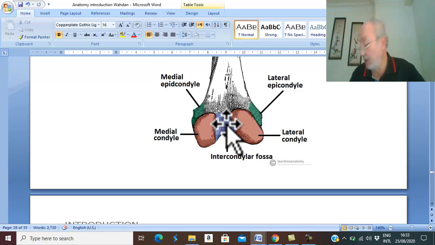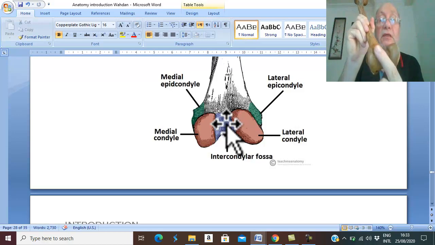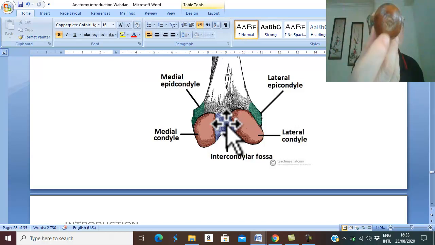This is the fossa in the lower part of the femur. Large depression on the surface. If there is a small depression on the surface, this small depression is called the fovea.